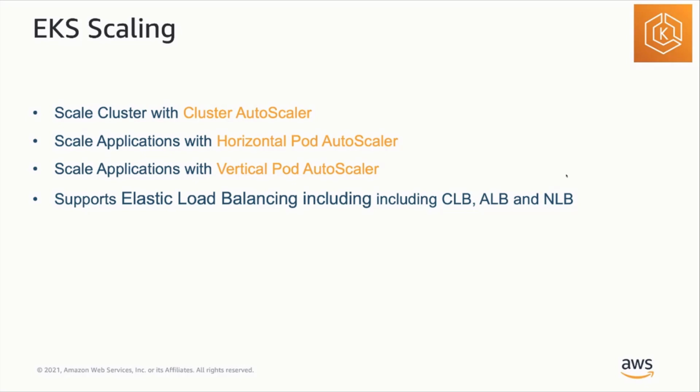It's a tool that automatically adjusts the size of our Kubernetes cluster when either there are pods that fail to run in the cluster due to insufficient resources, or there are nodes in the cluster that have been underutilized for an extended period of time, and their pods can be placed into other existing nodes.